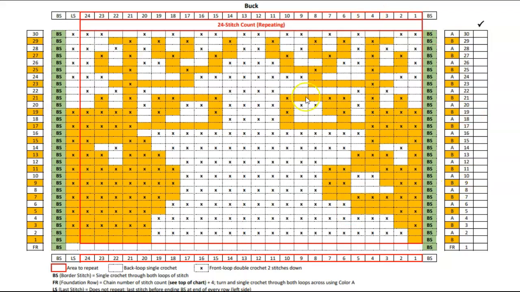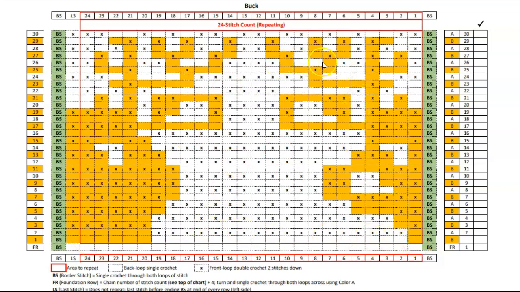So when you're repeating, we're going to crochet 24 stitches in the row, and then we want to do it again because we've got way more stitches to cover because we're making a blanket. So here it's written for that purpose.